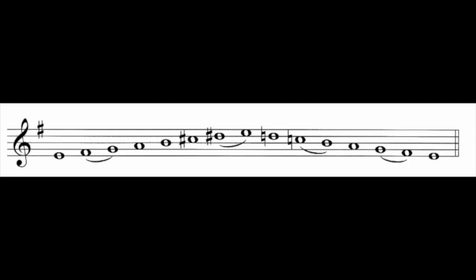The E melodic minor scale has the same key signature, F sharp, as G major, its relative major. But in the ascending scale, the 6th and 7th scale degrees are raised 1 semitone, and in the descending scale, the 6th and 7th degrees of the scale are lowered back to where they started with accidentals.